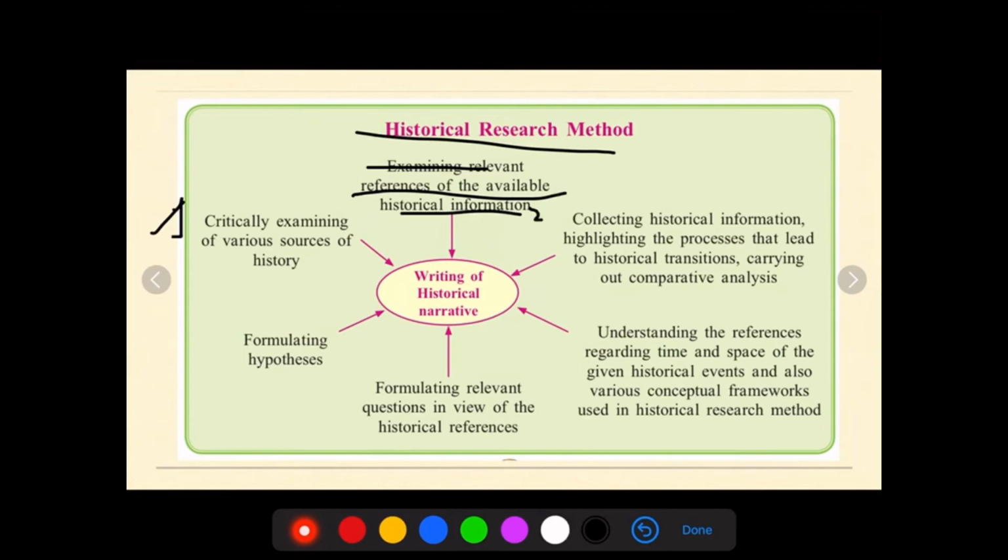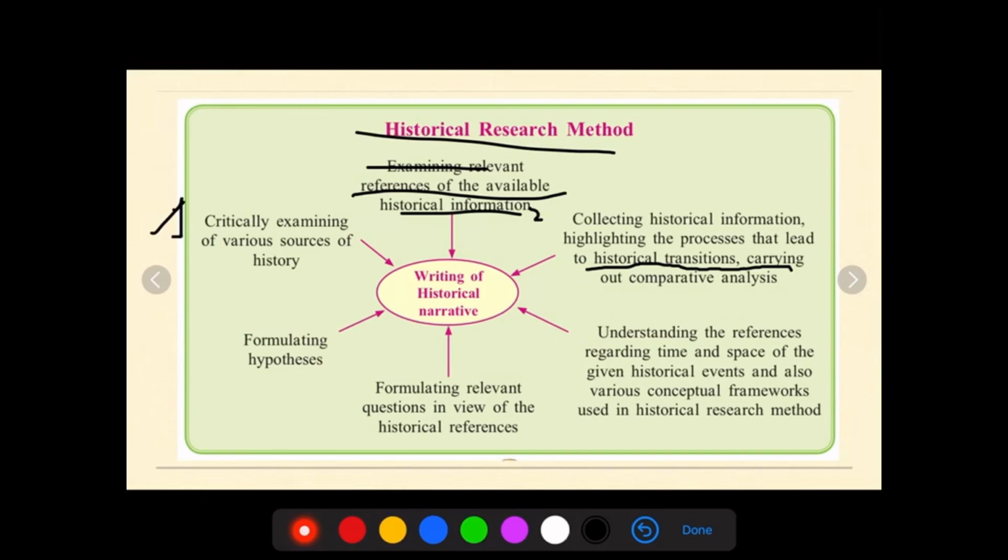Next is collecting historical information, highlighting the process that led to the historical transitions, carrying out comparative analysis. So we have to collect the historical information from the old, then highlight which process they are following and what the historical changes and transitions are, then carry out comparative analysis, and then have a reason for how you can prove that this is the correct letter or not.